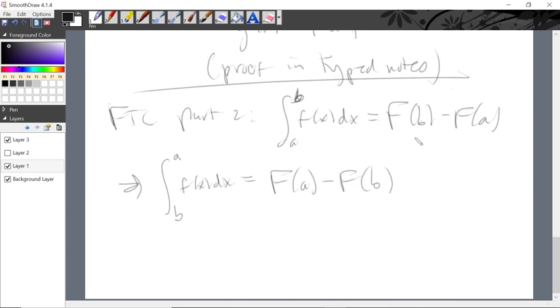And notice that these are exactly opposites of each other. So notice that the integral from b to a of f of x dx is the opposite of the integral from a to b of f of x dx. Switch the bounds, then you would switch the sign of the integral.